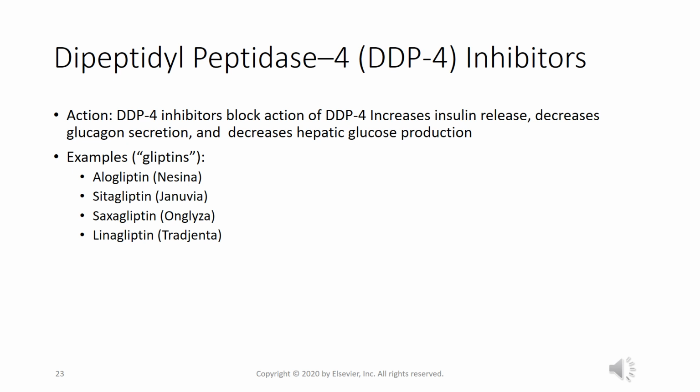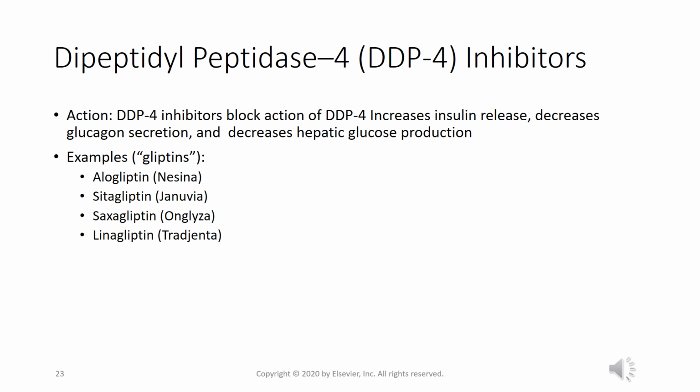These next two slides, I'm just going to let you review the information on the slides. The DPP4 inhibitors really work to inactivate the incretin hormone, which results in increased insulin release and decreased glucagon secretion.